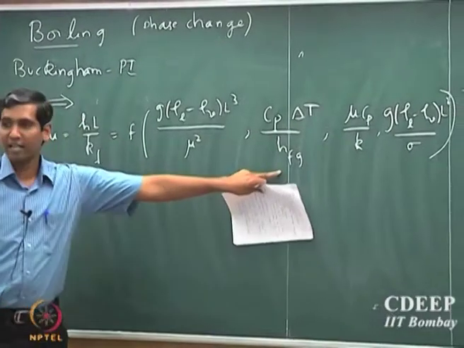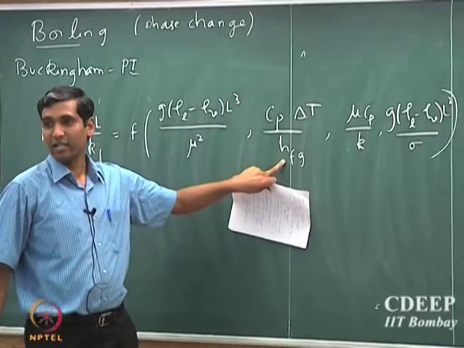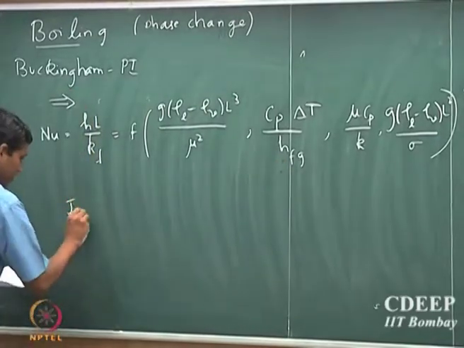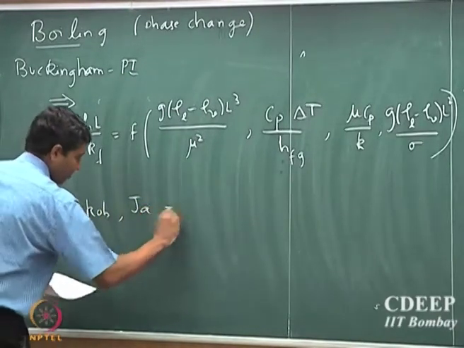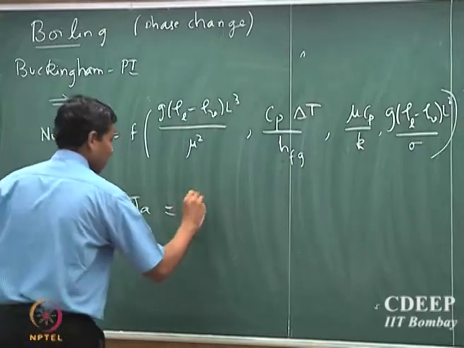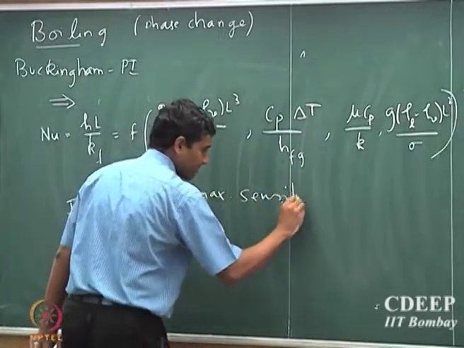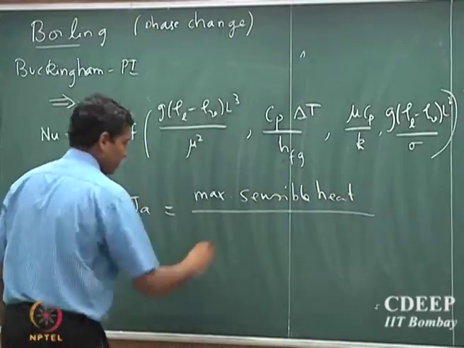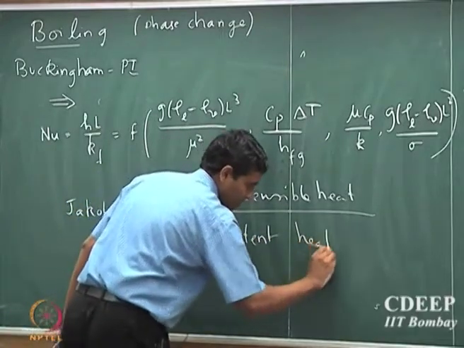What is Cp delta T by h_fg? h_fg is the latent heat. This is called the Jacob number. That is the ratio of maximum sensible heat divided by latent heat.